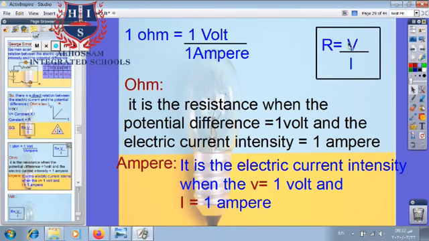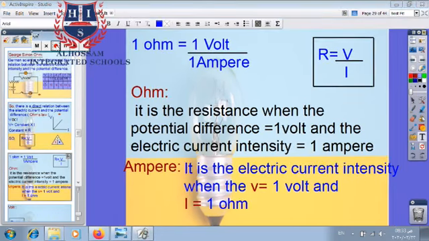The ohm is the measuring unit of resistance. So ohm is the resistance when the potential difference equals 1 volt and the electric current intensity equals 1 ampere.